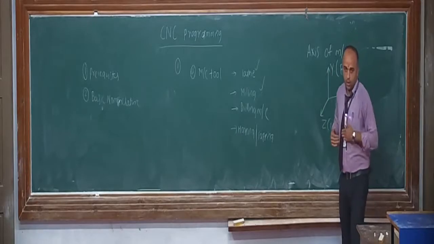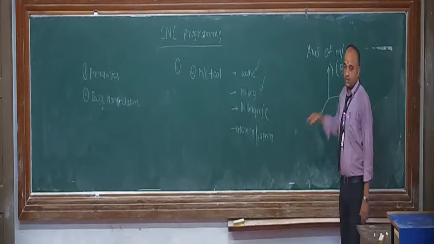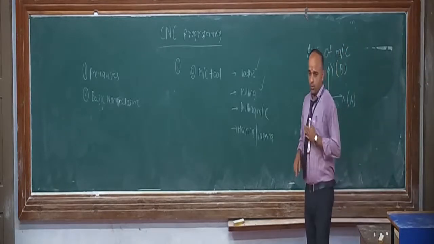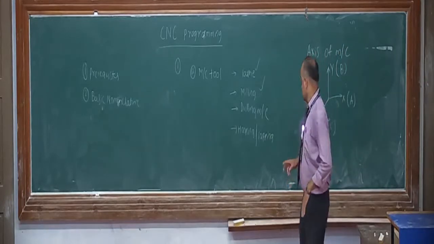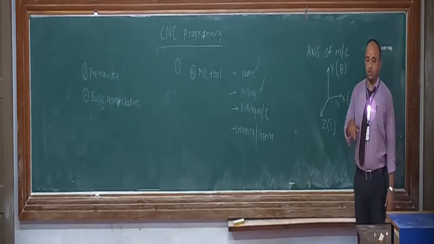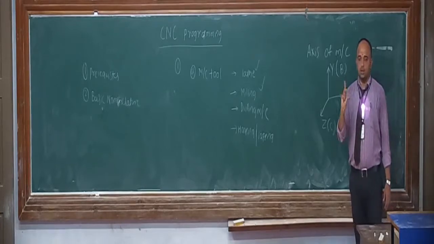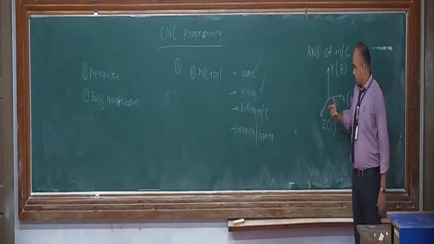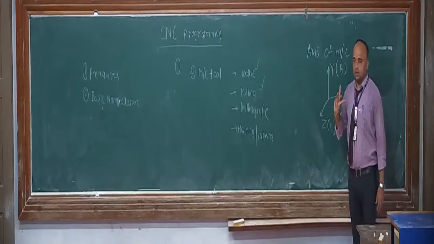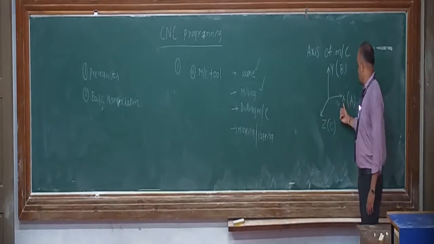If you are moving towards the center, it is negative; if you are moving away from the center, it is positive. Similarly, for rotation about x, clockwise is positive and anti-clockwise is negative. Rotation about y is again positive or negative, and rotation about z likewise. Rotation about x is A, rotation about y is B, and rotation about z is C.